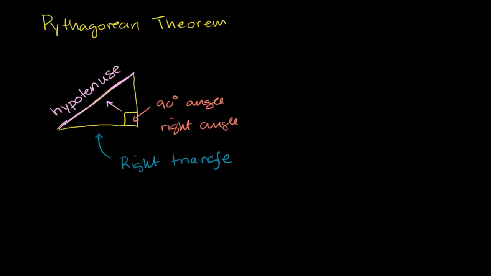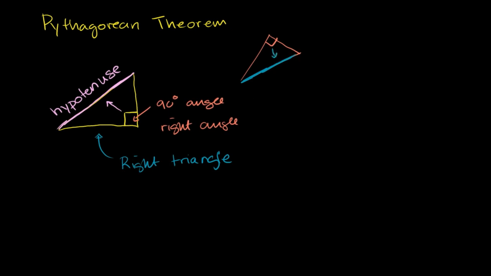And just so we always are good at identifying the hypotenuse, let me draw a couple more right triangles. So let's say I have a triangle that looks like that. And I were to tell you that this angle right here is 90 degrees. In this situation, this is the hypotenuse because it is opposite the 90-degree angle.